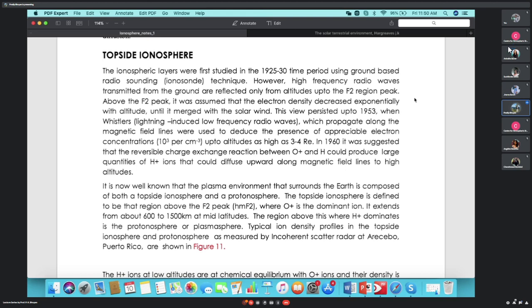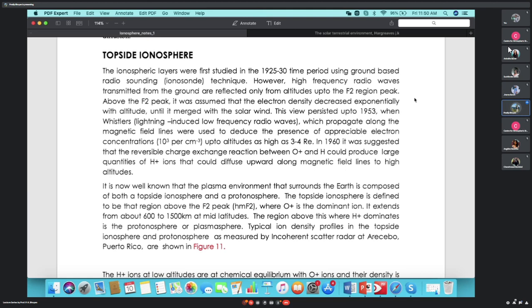That part, after advancement in techniques, was found to be more inhabited by H plus ions. So above the exponentially decreasing ionosphere, you have an ionosphere where the density is more or less decreasing, but not as fast as an exponential decrease.